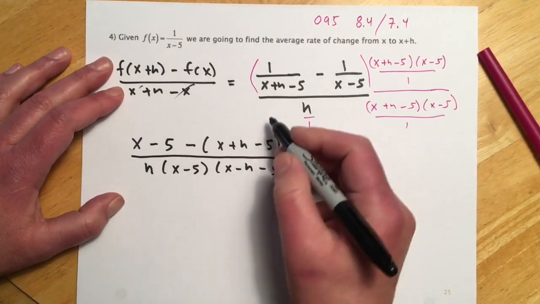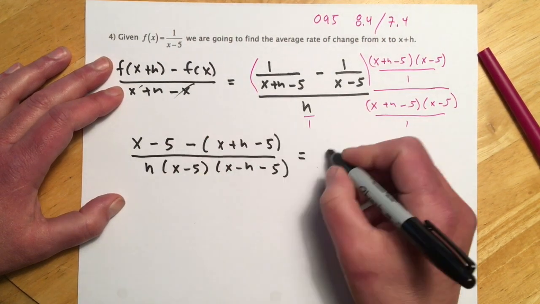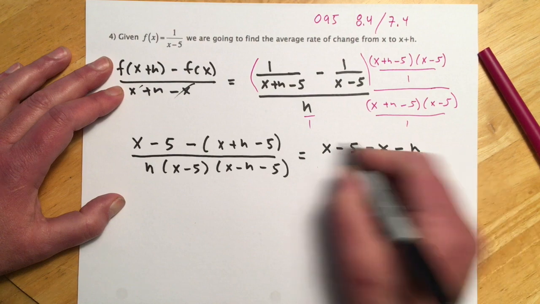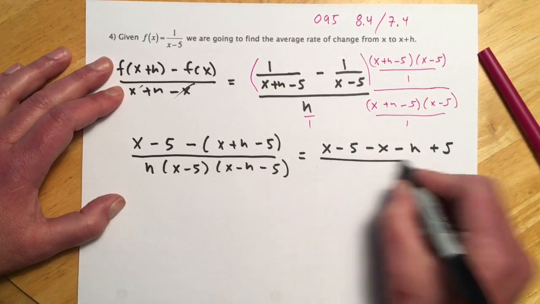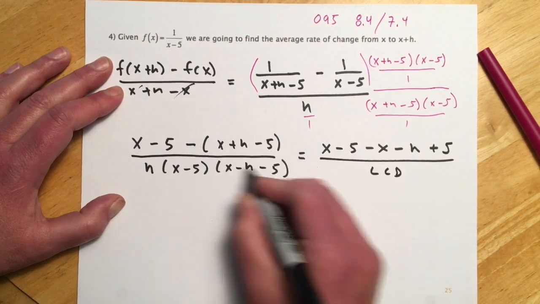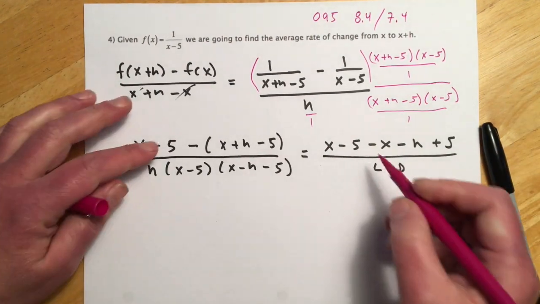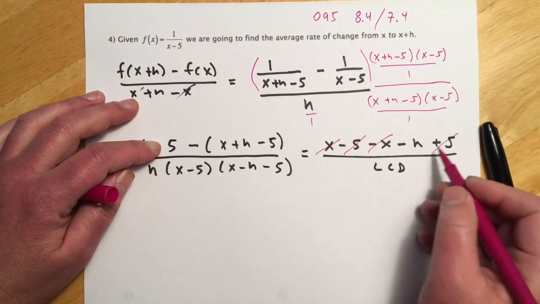And then these don't cancel, right, because this isn't factored, so we got to collect terms. So up top, that's going to be x minus 5 minus x minus h minus a minus, make a plus 5. And I'm just going to write LCD down here to not write all that again for a second. And then we got plus x minus 5 plus 5.